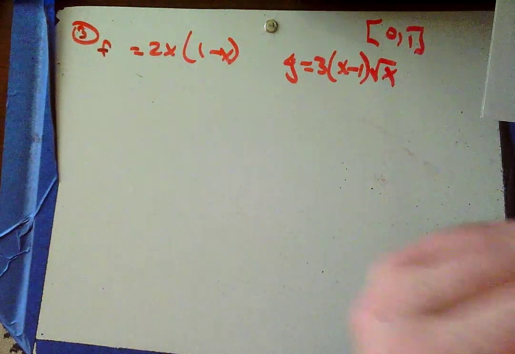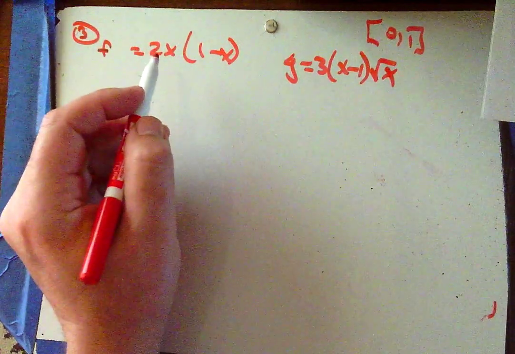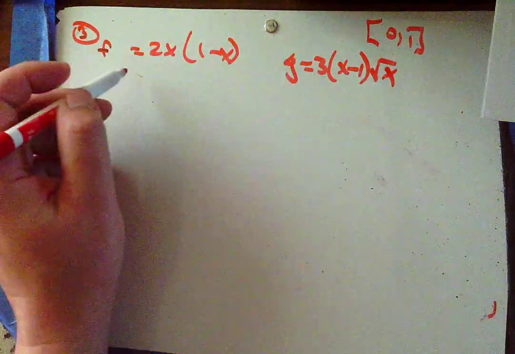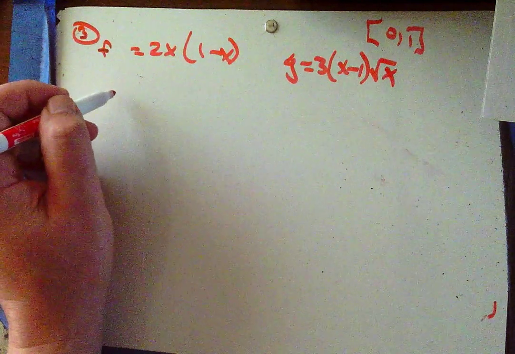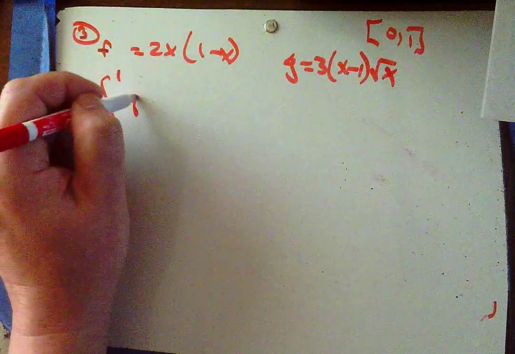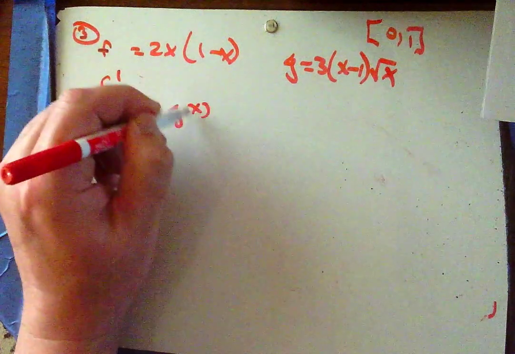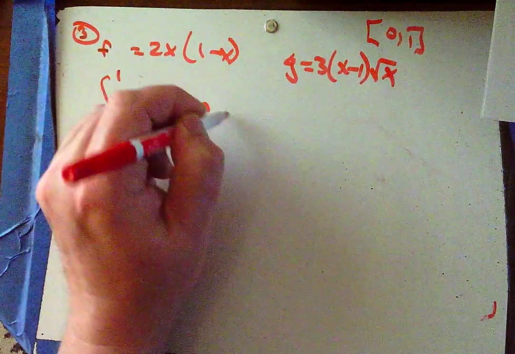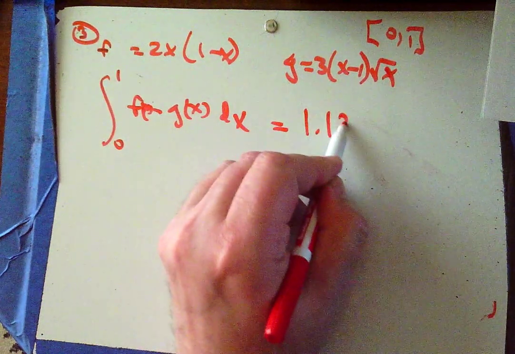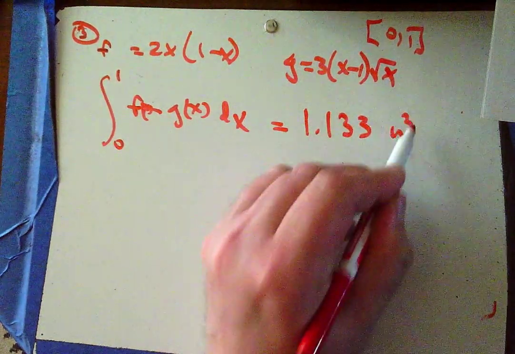Okay, which function is on top? G of x is on the bottom, f of x is on the top. How convenient. Find the area of the shaded region. So that's just the integral from 0 to 1 of f minus g dx.